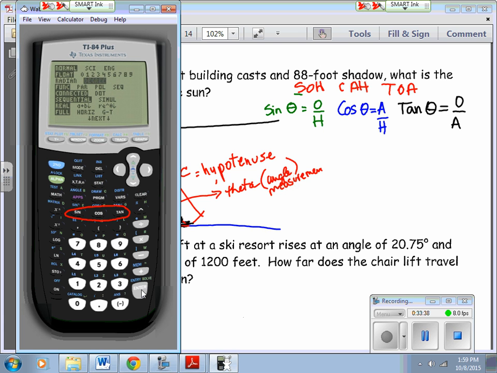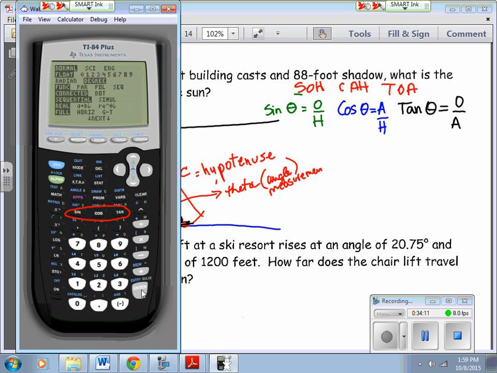Now, when we're solving problems and we know the side lengths, and let's say we're trying to figure out one of the side lengths, and we already know an angle, and we already know a side, and we're trying to figure out one more value, we're typically going to use those buttons, sine, cosine, and tangent.